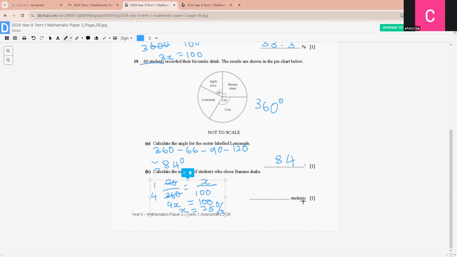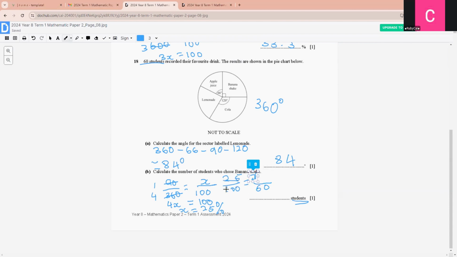Now we're finding the students, not the percentage. So we use the percentage 25 out of 100, which is all the students. And that is equal to the total 100 is equal to the percentage of the total number of students, which is 60. And we're trying to find how many students chose banana shake.